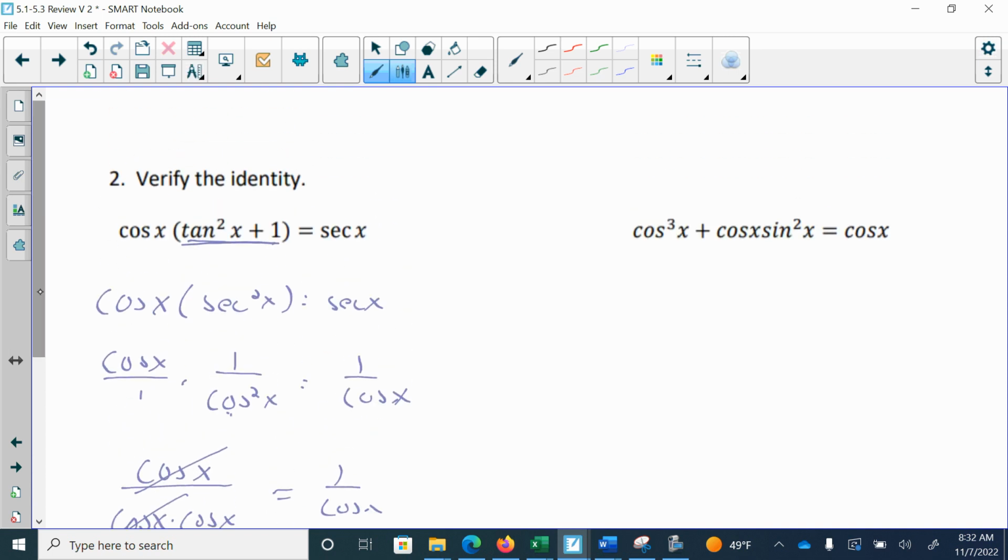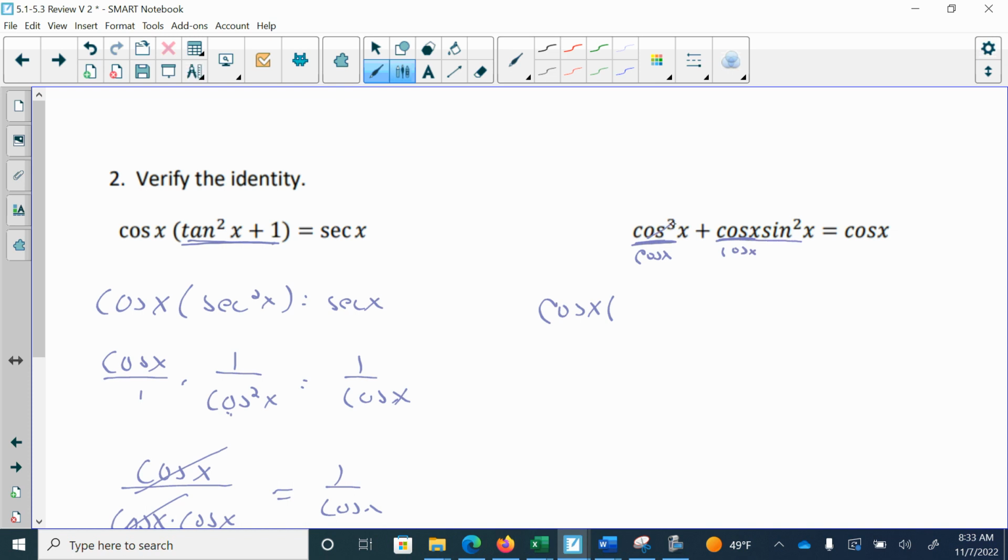Okay, the next one I have cosine cubed x plus cosine x times sine squared x is equal to cosine x. I see that I have a cosine here and a cosine here, so I'm going to factor it out. When I factor it out, it's like I'm dividing both of these terms by cosine of x.